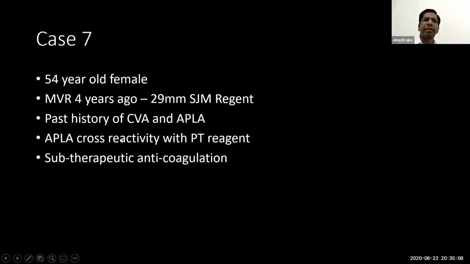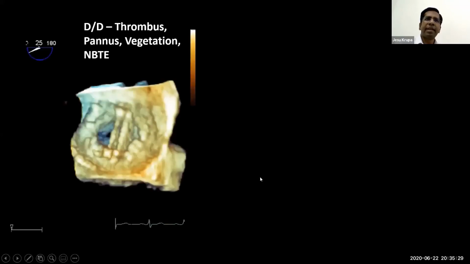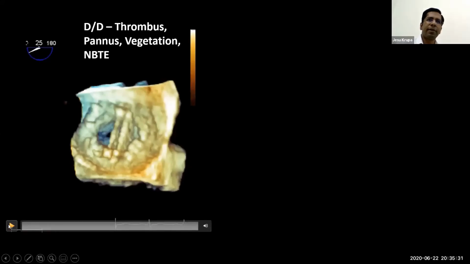And it was interesting because the patient had proper PT-INR values, but the patient was under-anticoagulated. And the theory was that it was because of this antiphospholipid cross-reactivity with the PT reagent. And so that is something to bear in mind. So that is what the case was.